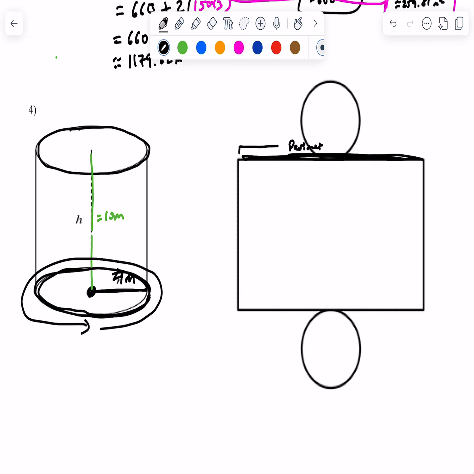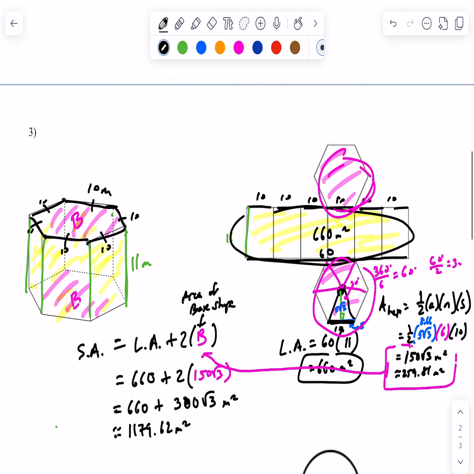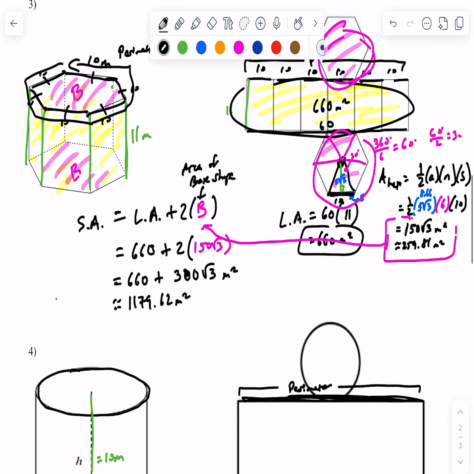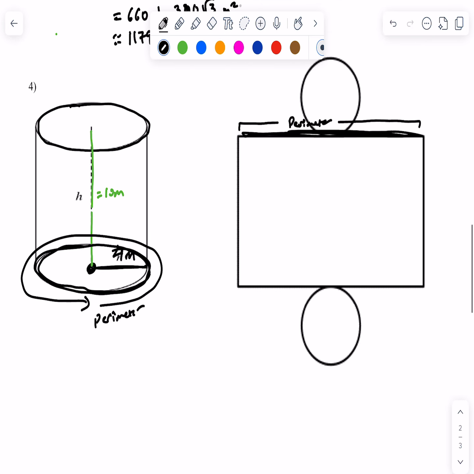Just like back for this one, where we took this whole thing right here, this is the perimeter, 60. Same thing, we're just taking the perimeter, except for a circle we call it the circumference.